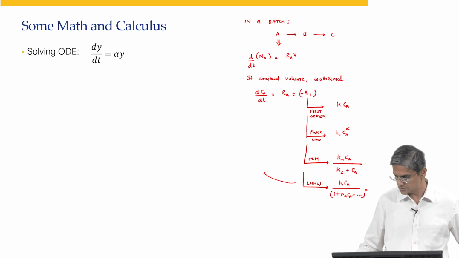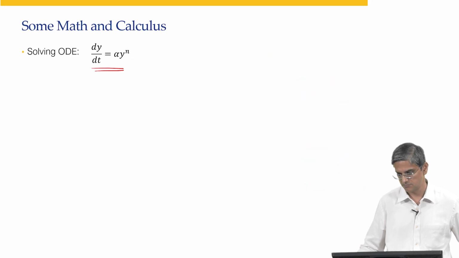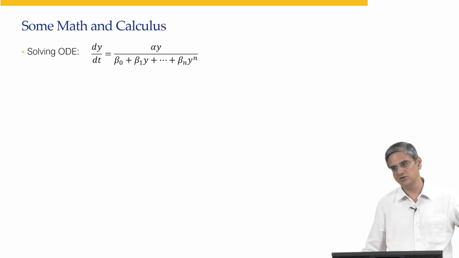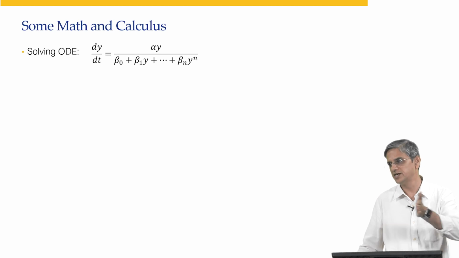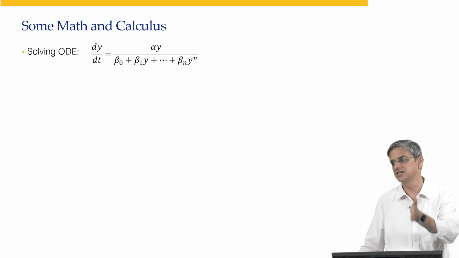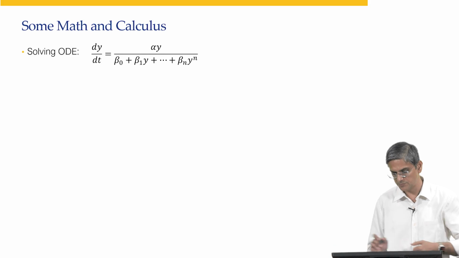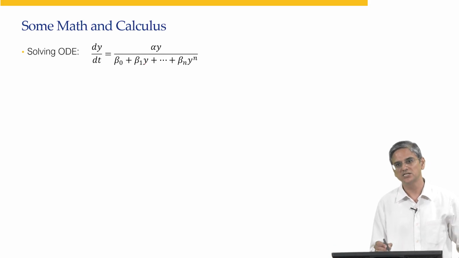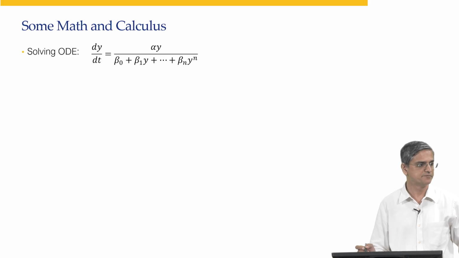Okay. Michaelis-Menten is K Ca divided by K plus Ca, or LHHW might be K Ca divided by 1 plus Ka Ca, and you will have it in this particular form. Okay. If it is 1 plus Ka Ca to the power 2, you can write it as 1 plus 2 Ka Ca plus Ka square Ca squared. It will be of the form beta naught plus beta 1 multiplied by Ca plus beta 2 multiplied by Ca squared.